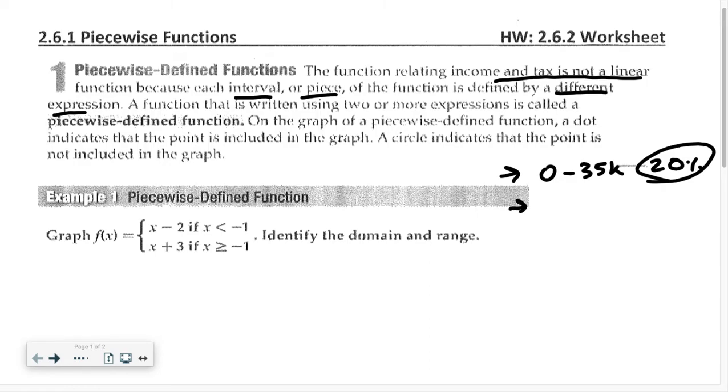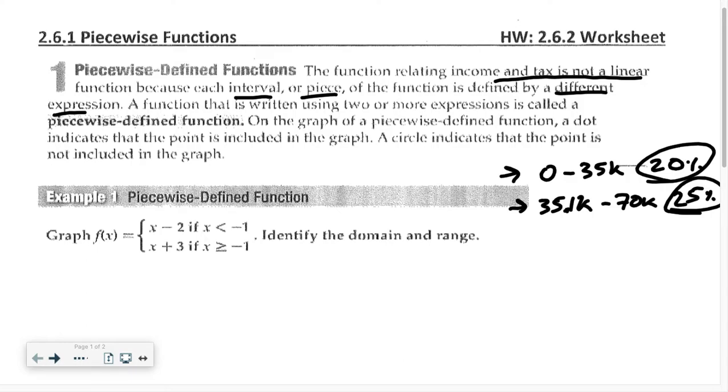Well, obviously some people make over 35,000, so that's a different piece of the function. Maybe 35.1 thousand to say 70, just as an example. Maybe those people are taxed 25%. Okay, and so on. So the income tax, guys, that is what's called a piecewise function.